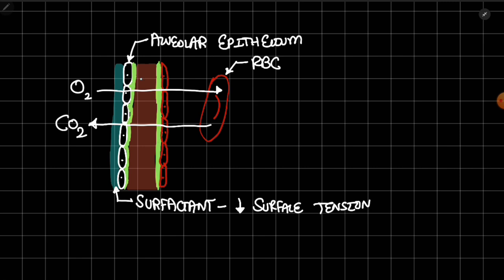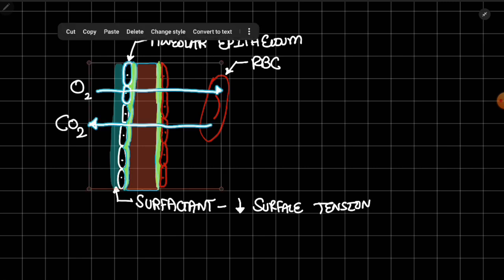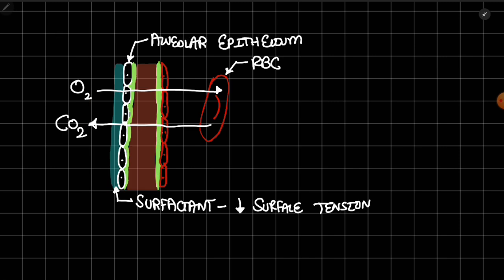Now this green layer in back of the alveolar epithelium, what is this? It is the alveolar basement membrane. Now this pretty big structure in between, this orange structure, is the interstitial space.